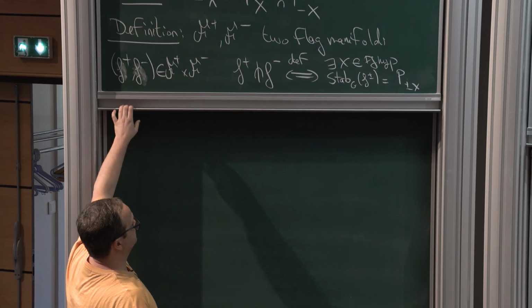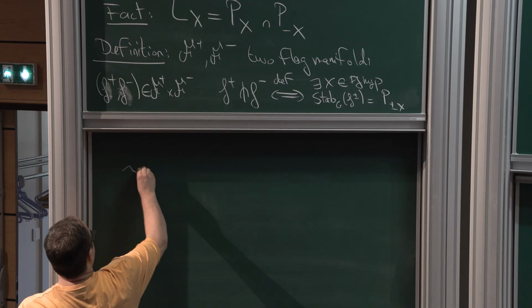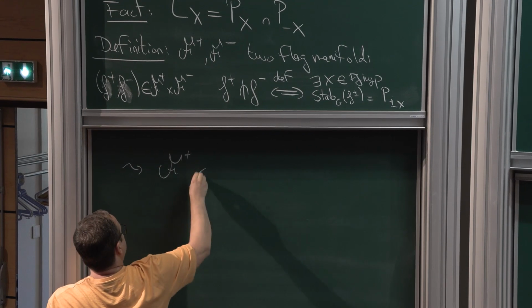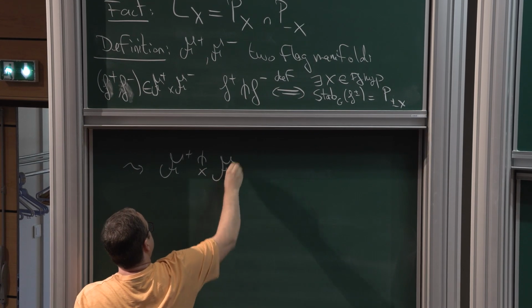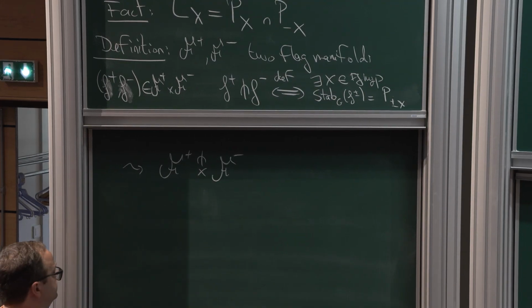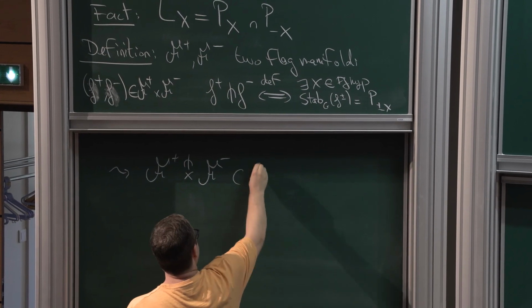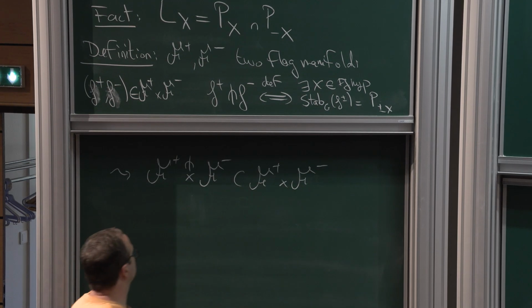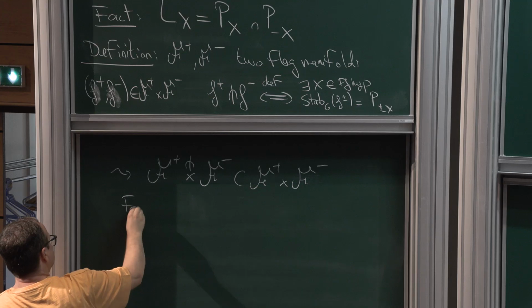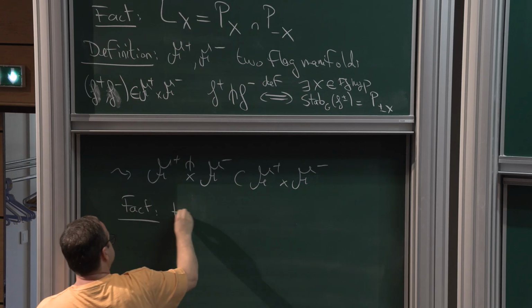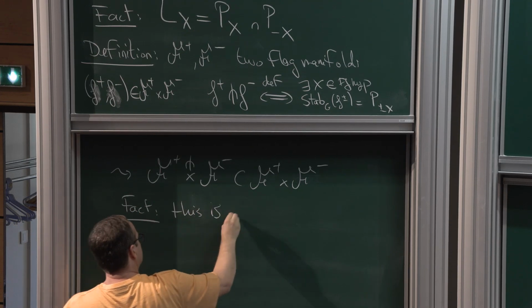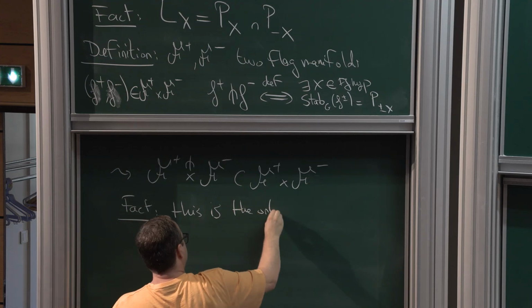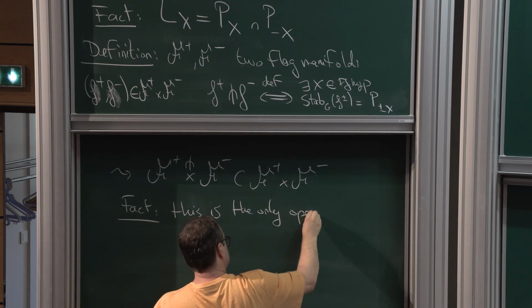Another way that you might want to describe it: this will define the set of transverse pairs in the product. And yet another fact is that this is the only open G orbit in the product.